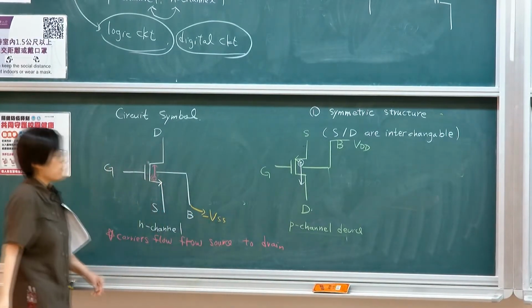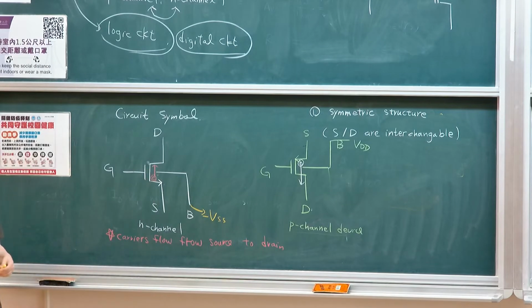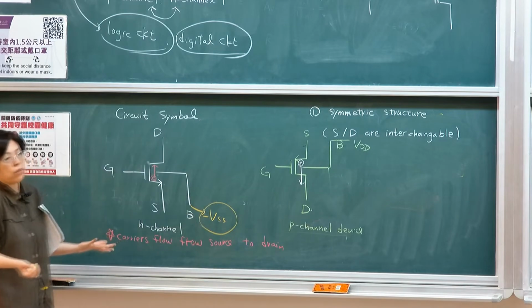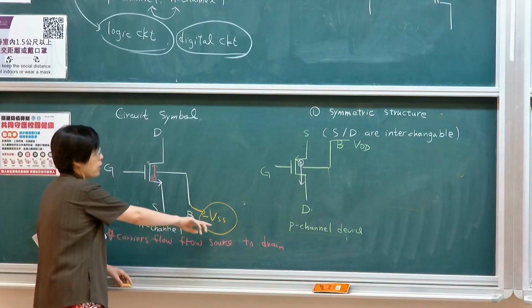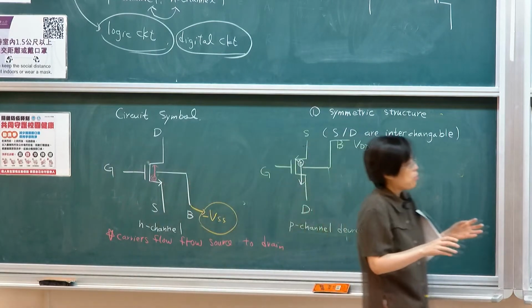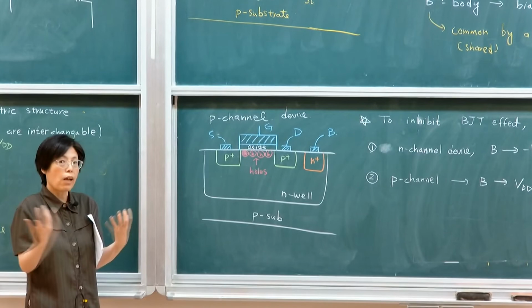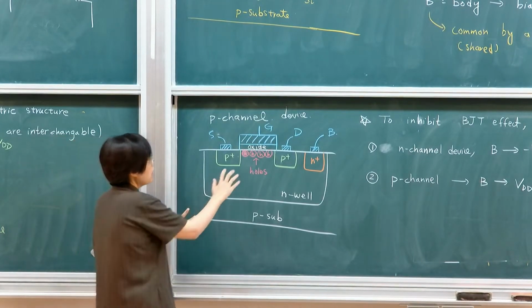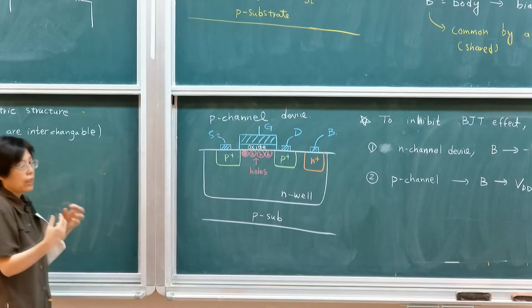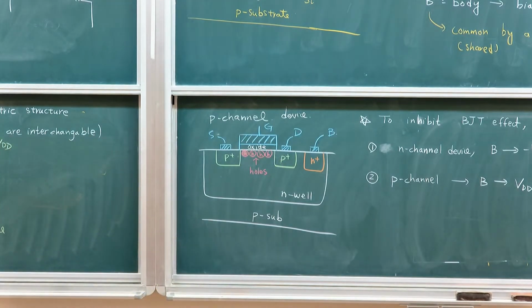I should say minus VSS, just to show that it's the most negative potential. Whether it's 0 or most negative, like minus 3 volts, you apply the most negative. This is to ensure that your PN junctions are always in reverse, so it doesn't interfere with the gate-controlled conduction between the source and drain. Okay?